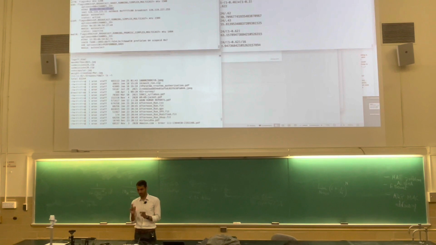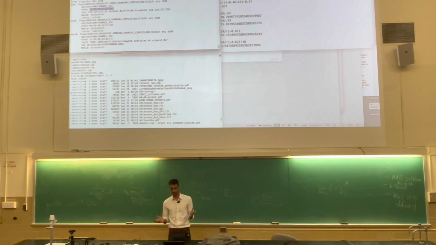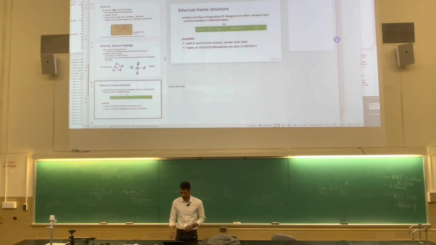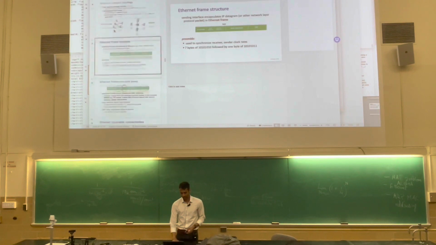There are 6 sets of 2 characters. Each of those 2 characters is hex, so each pair forms 1 byte. A hex digit is 4 bits: 0 through 9, and then A, B, C, D, E, F, which is 15. So that's what a MAC address looks like. Every single interface on my machine will have an Ethernet address, a MAC address.